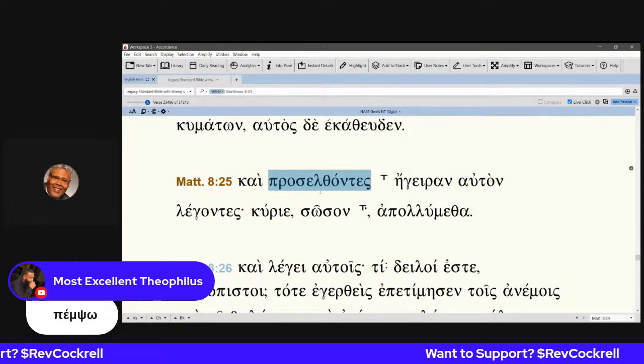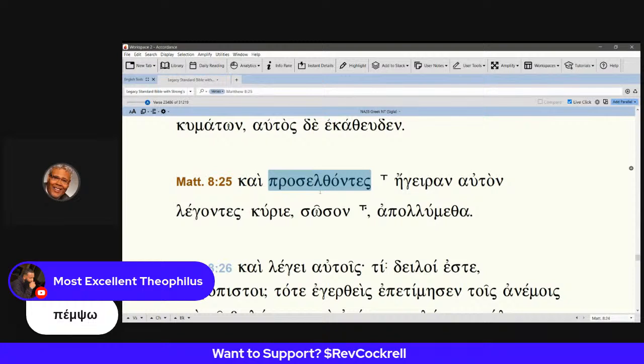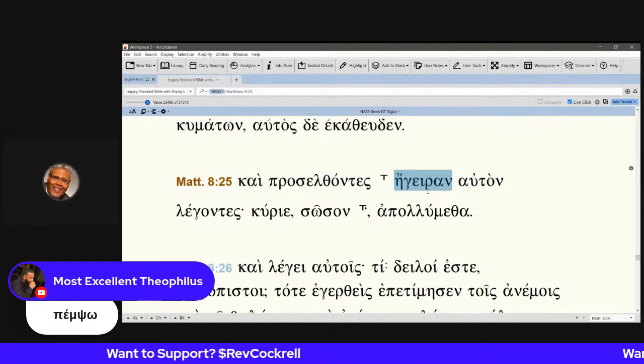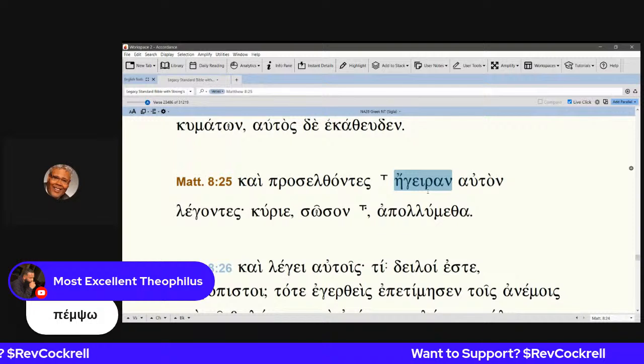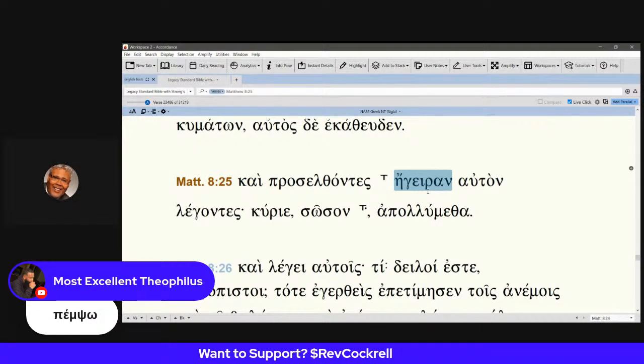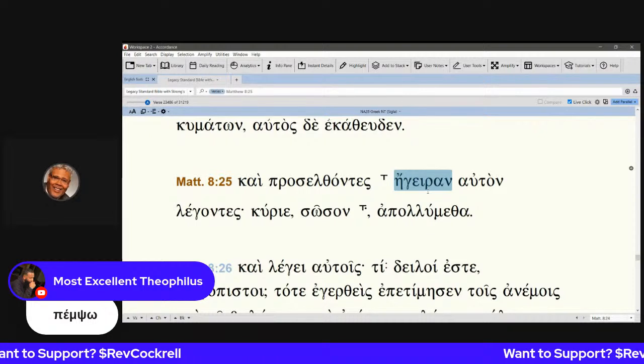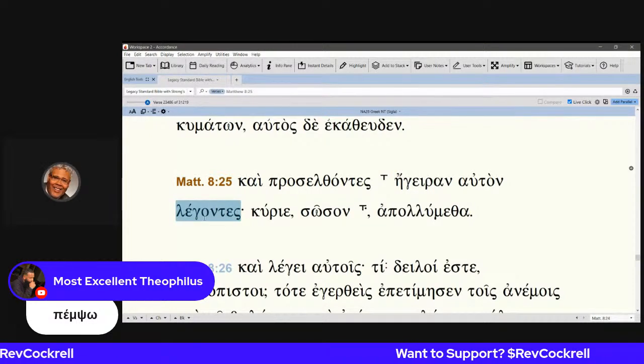The waves are crashing, filling the boat. They come to him and they raised him up. They woke him up. Egeirousin, from egeiro, which we know to raise. They're waking him up, shaking him, and they're saying unto him, legontes.